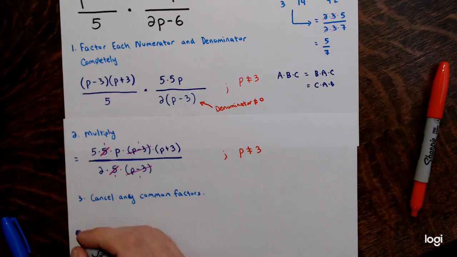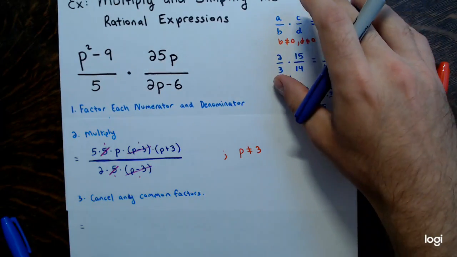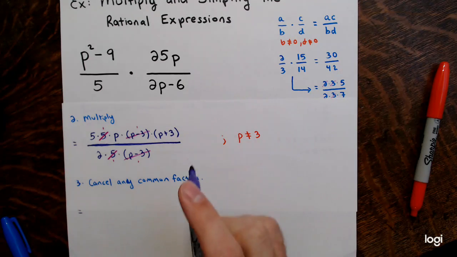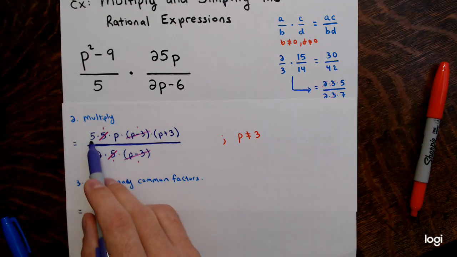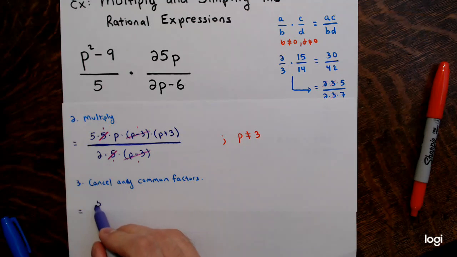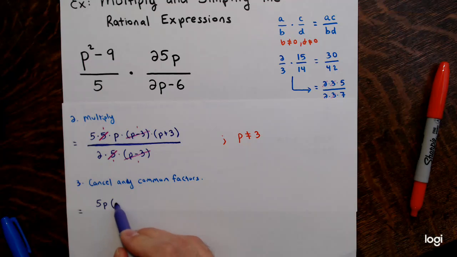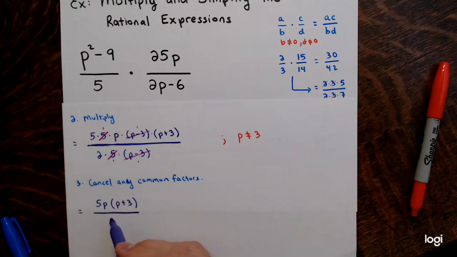So when all's said and done, the product that we started with, when I was asked to multiply these two fractions, will be equivalent to 5 times p times the quantity p plus 3 in the numerator, all divided by, in the denominator, just a factor of 2.